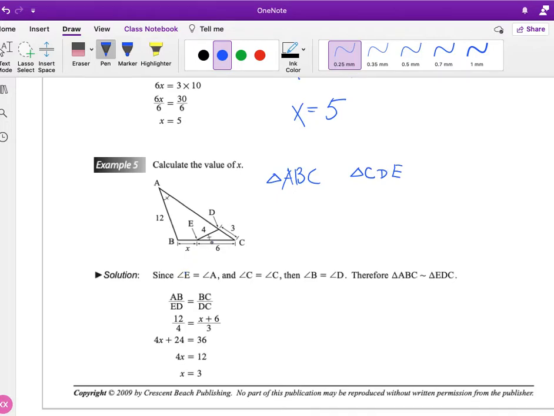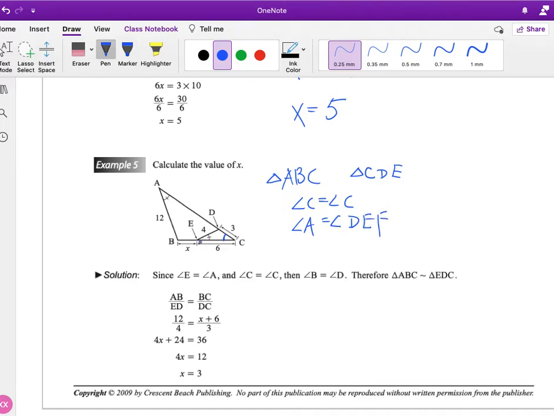So let's see, first of all, angle C, they share that one angle. So angle C equals angle C in both triangles. All right? Now the next one is this angle, and angle A is equal. So angle A equals this angle DEC.